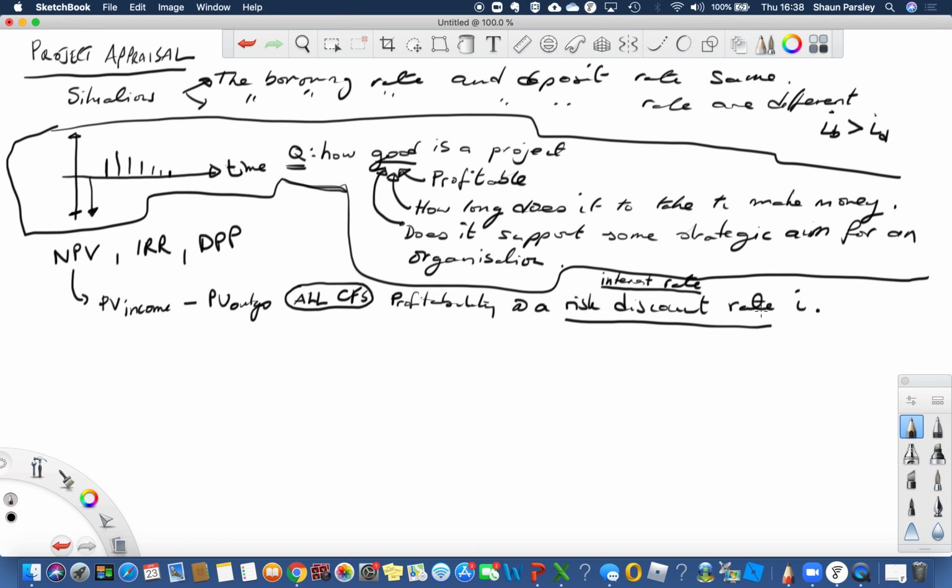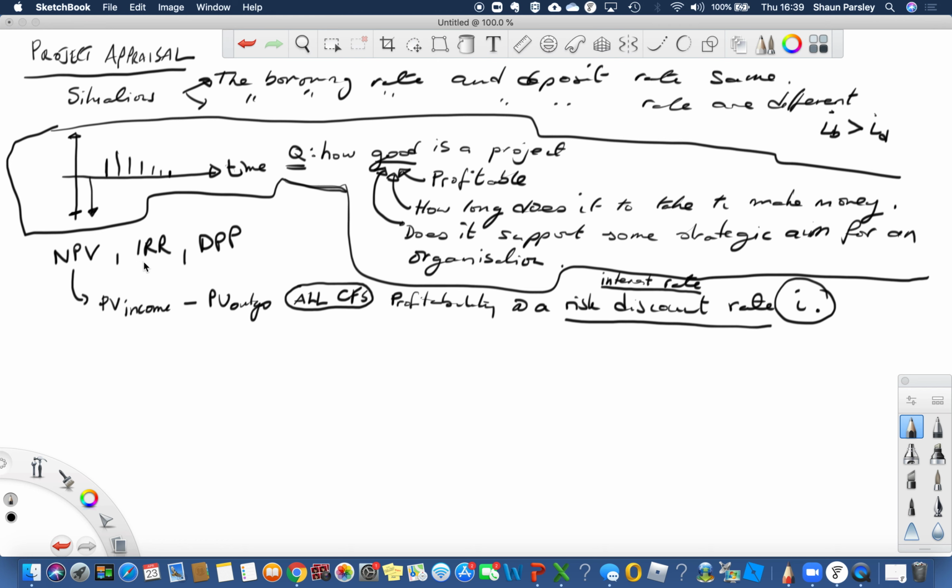So that represents almost the required return from that project. Now here at the moment we're assuming that this borrowing and deposit rate is the same. There is just one risk discount rate at the moment.